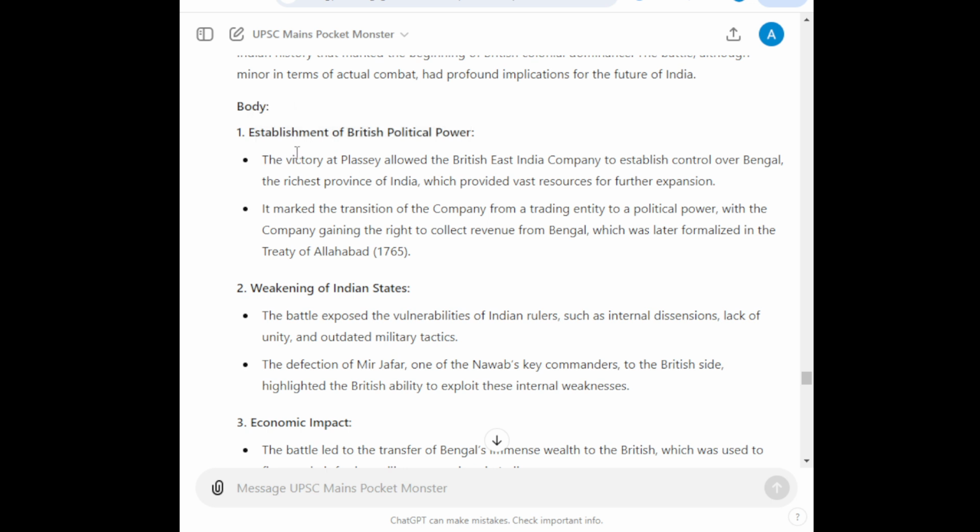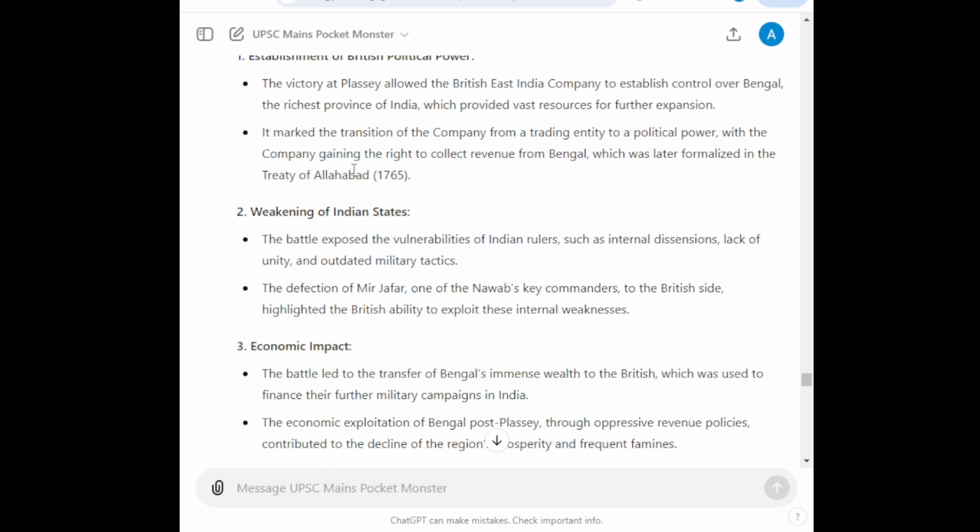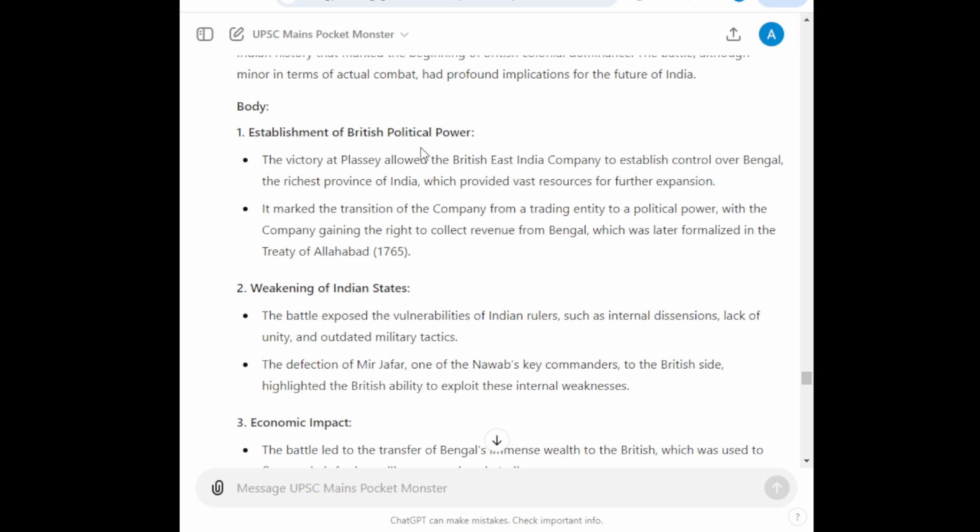So the victory at Plassey allowed British East India Company to establish control over Bengal, the richest province of India, which provided vast resources for further expansion. All right. So ये language, richest province of India, ये सब is a part of the language of a history answer.